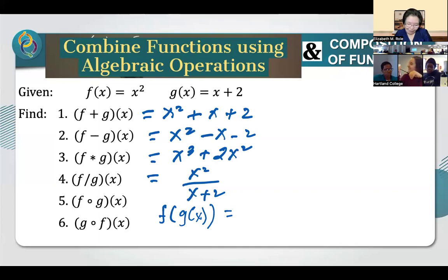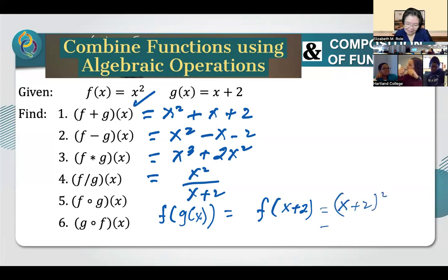So it is now f of x plus 2, such that instead of x here, you substitute x plus 2, to be x plus 2 squared.